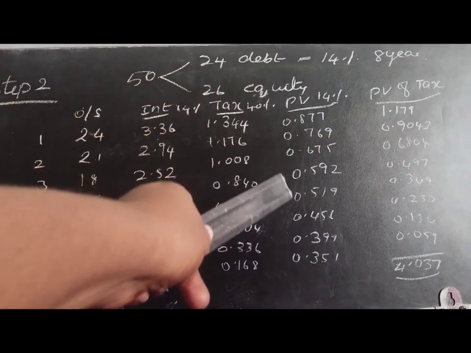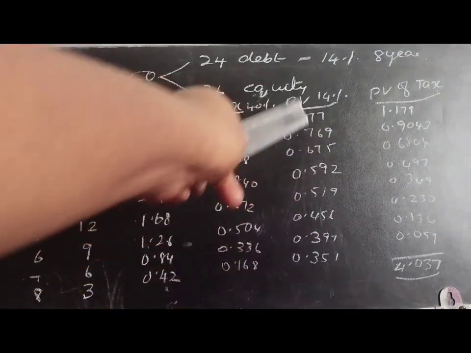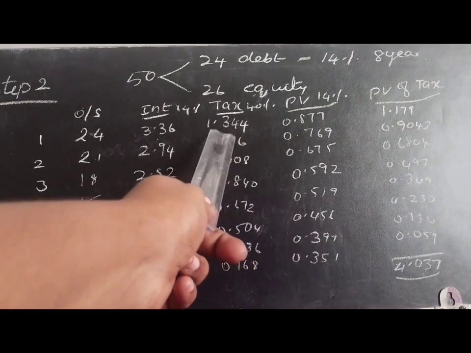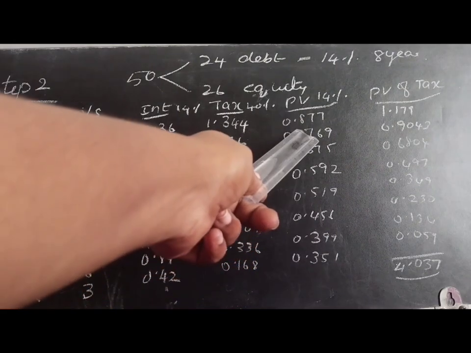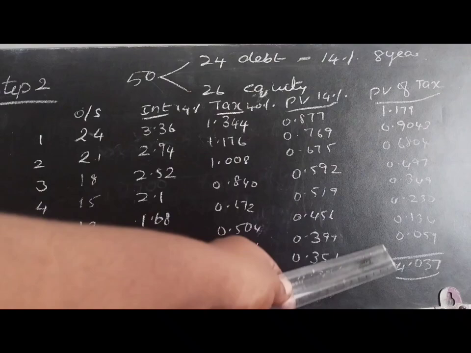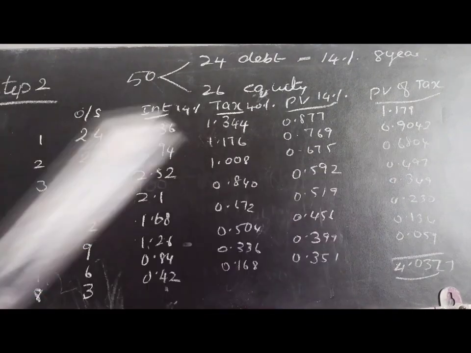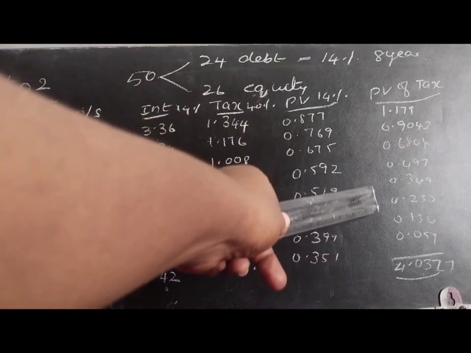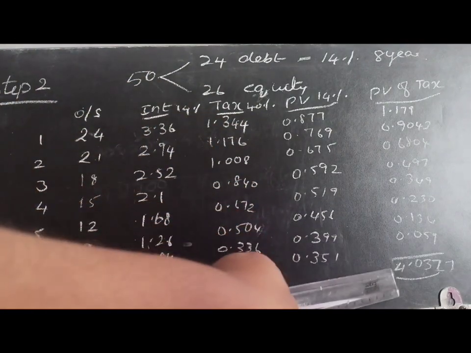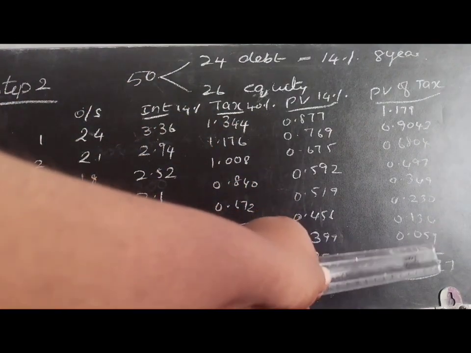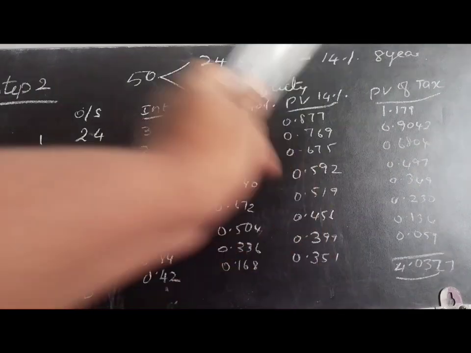Then we will get a discount factor for 14%. Then we have to multiply the tax amount by the discounting factor for all the 8 years. Then when we add these present values of tax amount, we will get 4,03,270.